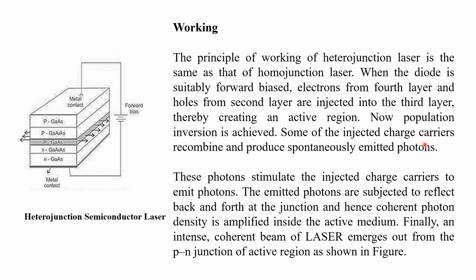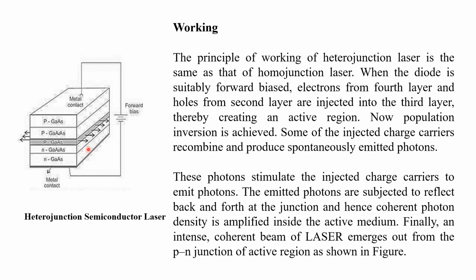Some of the injected charge carriers recombine and spontaneously emit photons. These photons stimulate the injected charge carriers to emit photons. These emitted photons are reflected back and forth at the junction on the highly reflecting material gallium arsenide, and hence a coherent photon is amplified in the active region, and finally an intense coherent beam of laser emerges out from the PN junction of the active region as shown in the figure.